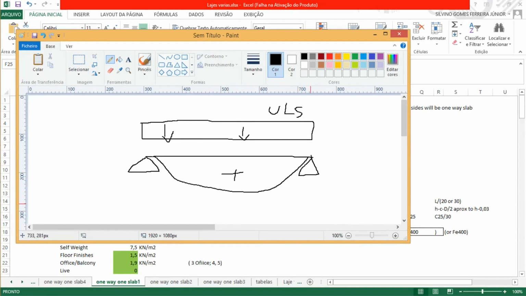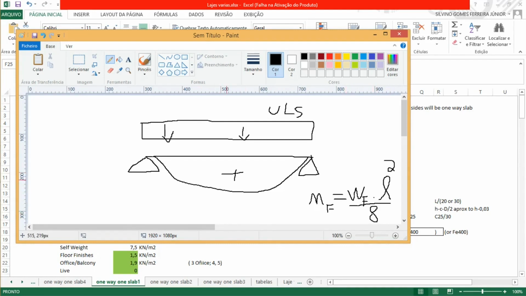This moment will be factored, because it will be in the ultimate limit state. It will be the factored load multiplied by L squared divided by 8.